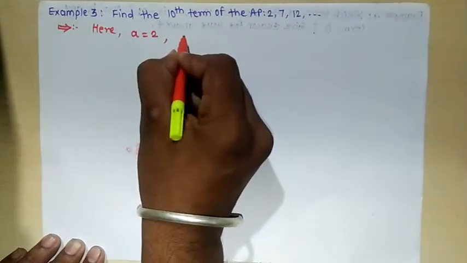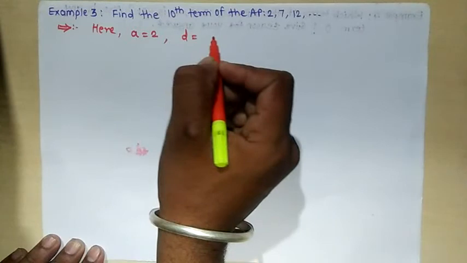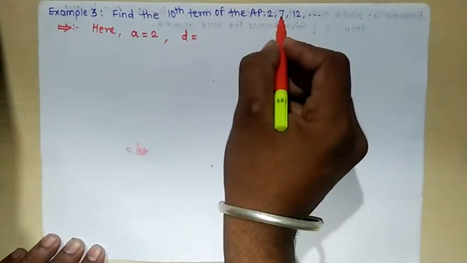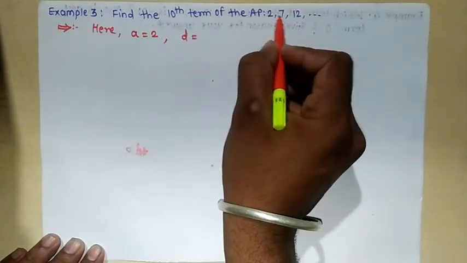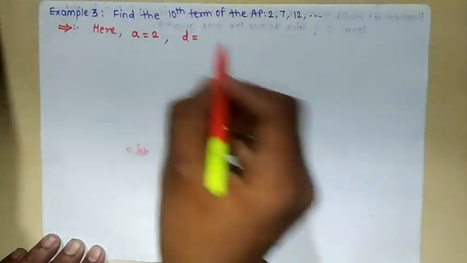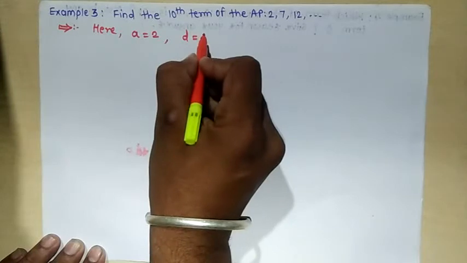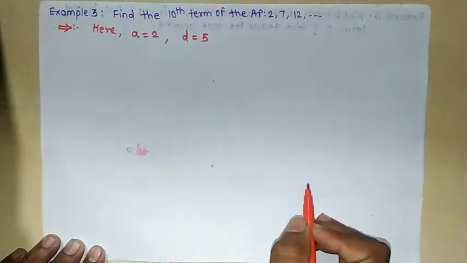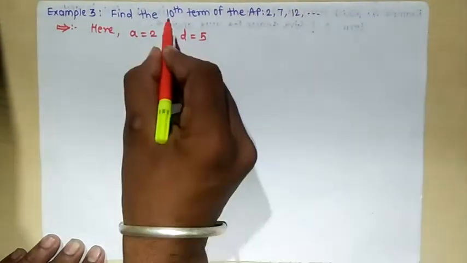Now what is the common difference? D is equal to 7 minus 2, which is equal to 5, or 12 minus 7, which is equal to 5. You can calculate any one difference, that is D is equal to 5. Now which term do we have to find? The 10th term.